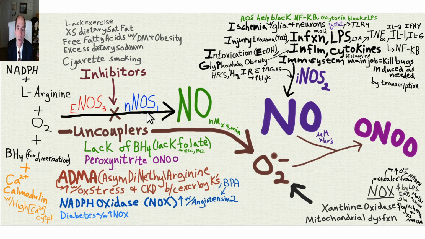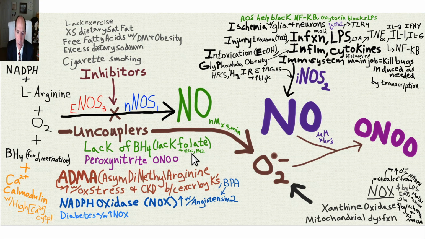That's the good guy. The neuronal nitric oxide synthase, sometimes also called nitric oxide synthase number 1, that is kind of the neutral one. Under normal conditions, it's a good guy. Under bad conditions, it becomes a bad guy, and it makes too much nitric oxide, okay? You can also have things that will uncouple nitric oxide synthase, like if you have a lack of folate because you don't eat enough plants, folate, F for folate, F for foliage.